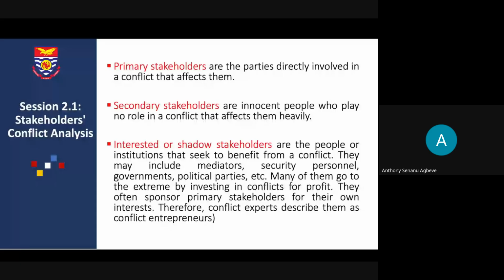Those who manufacture guns and ammunition and bombs are benefiting from it. If there's no war, how do they make money? So they are behind it. There are some experts who say these are people who are directly benefiting from the conflict, so there's no way they will want this conflict to be resolved, right? So that is who shadow or interested stakeholders are.